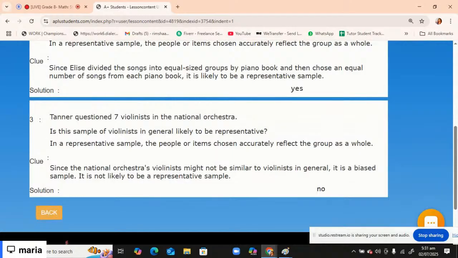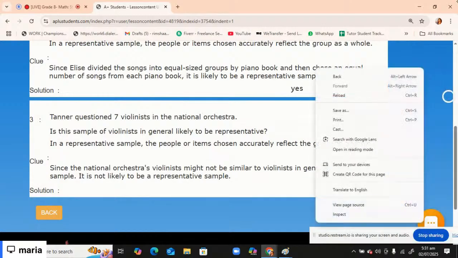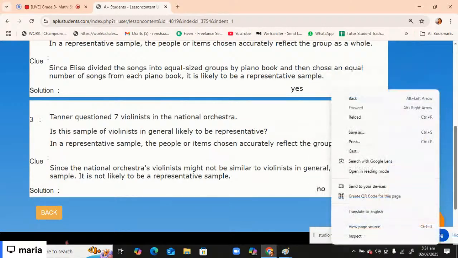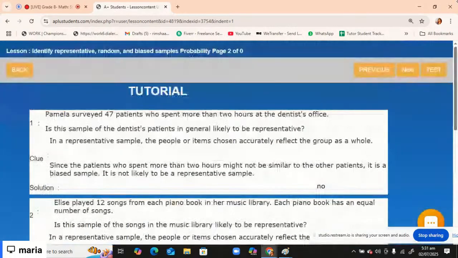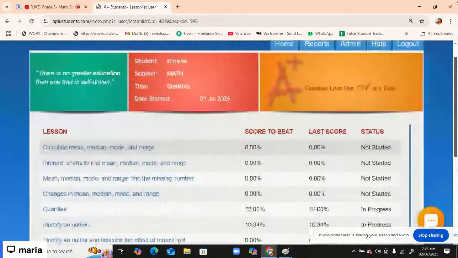Is the sample of violinists likely to be representative? No. They just took the national orchestra, so it's not representative, it's biased. Hope you guys understand the difference between all these three. This is just a little information about representative, random, or biased samples.